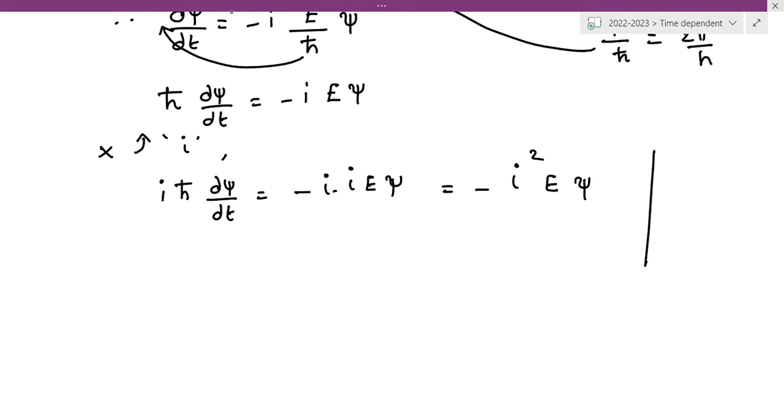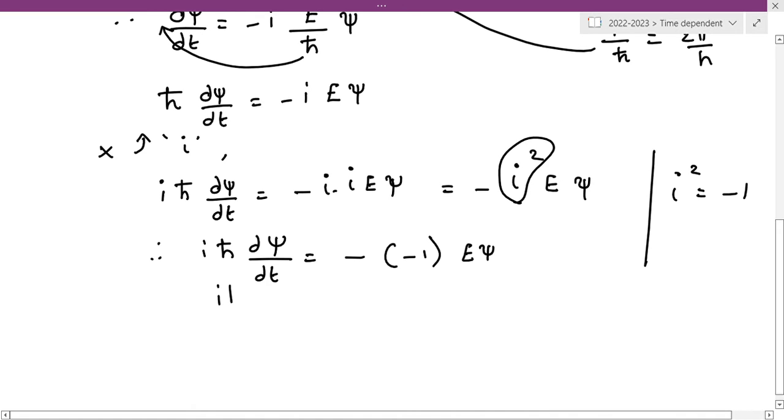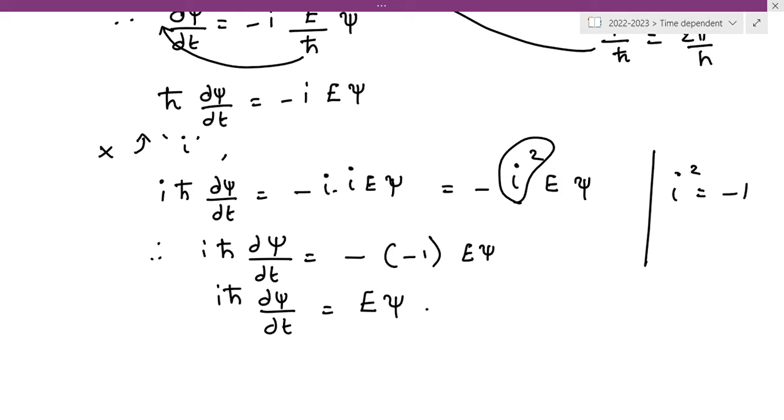We know that i square is equal to minus 1. Therefore, i h cross dou psi by dou t is equal to minus, and then i square replaced with minus 1, E psi, which is i h cross dou psi by dou t is equal to E psi. Let this be equation number 2.